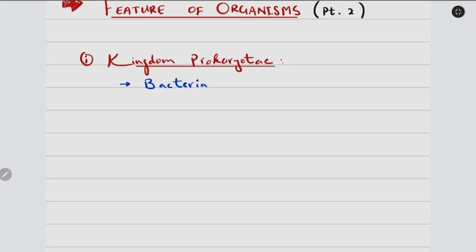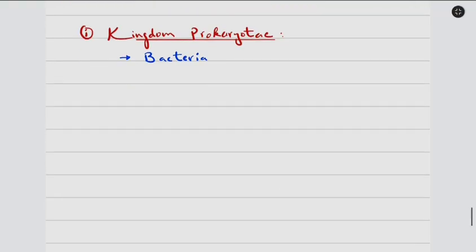So bacteria are the examples of prokaryotic cells. You can call them prokaryotes. Now I will draw the diagram to show you how a generalized structure of bacteria might be represented.